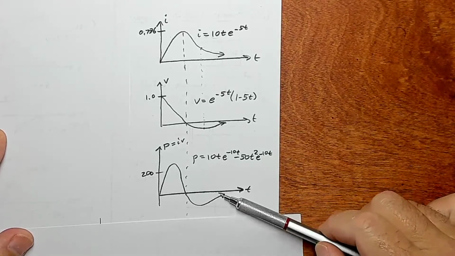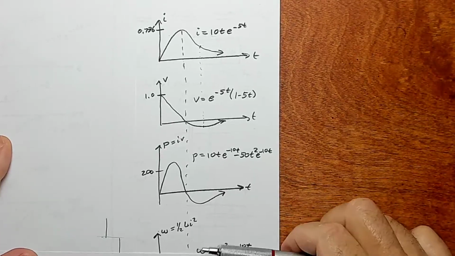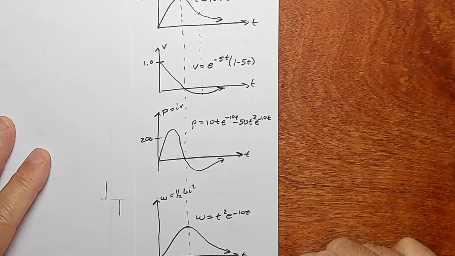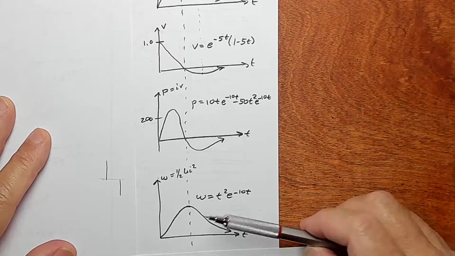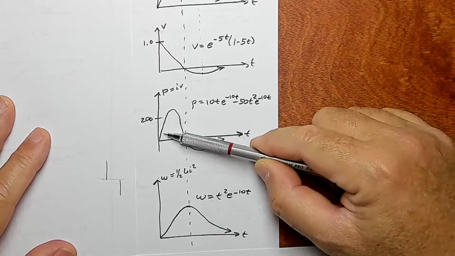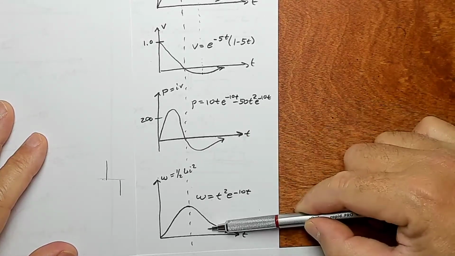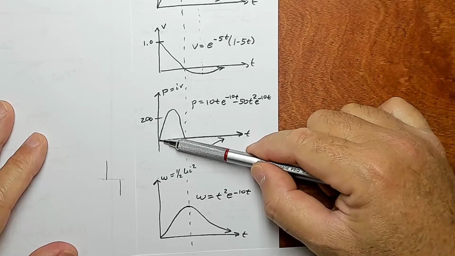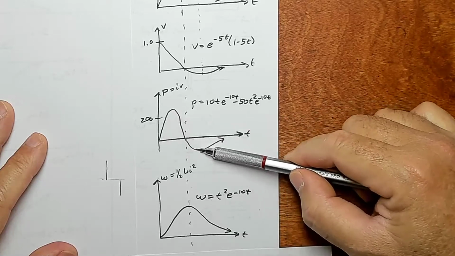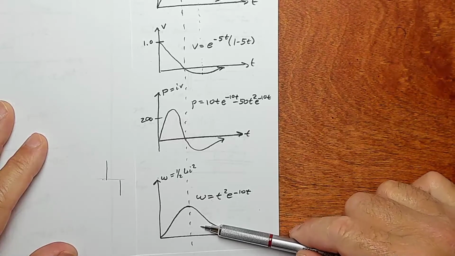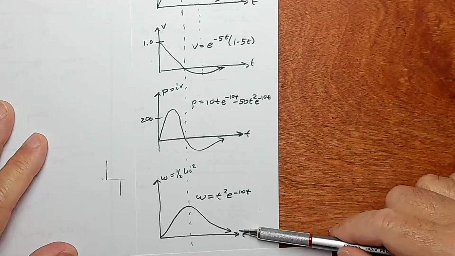The power is leaving. Got to be careful with the terms power and energy. They're different but very closely related. So here's energy. Remember, power is the rate of change of energy. So you have energy flowing in and then energy flowing out. This is the total energy that's in the device, and it goes up to a maximum and then leaves.